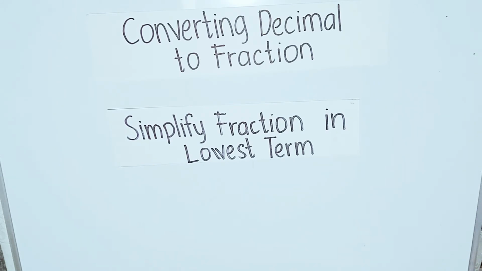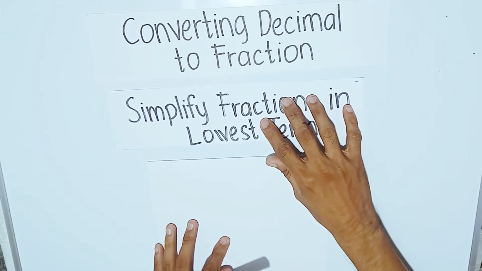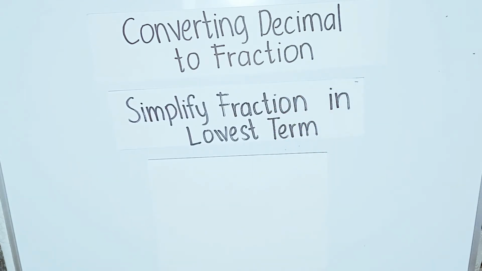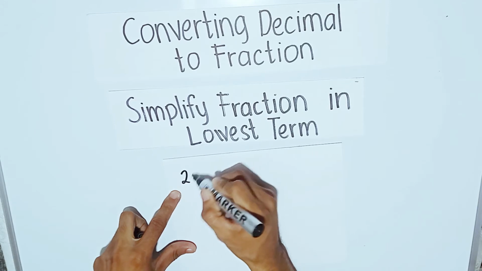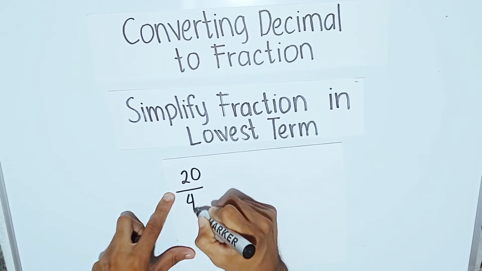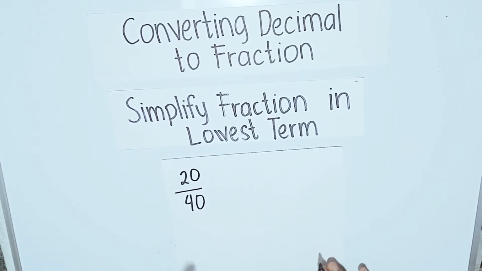Okay, let's consider the following given in simplifying fraction into lowest term. So, suppose we have 20 over 40. How are we going to simplify this fraction into lowest term or reduce this fraction?